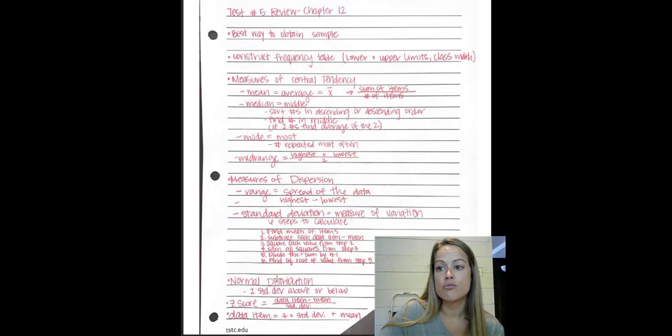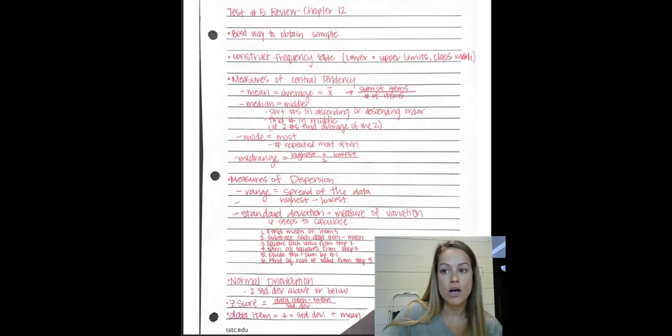Our normal distribution, that is our bell-shaped curve. They're going to ask you to find a standard deviation either above or below the mean. Remember, we have to label our bell-shaped curve. The very middle of our curve is our mean, and we take the standard deviation on all of these.